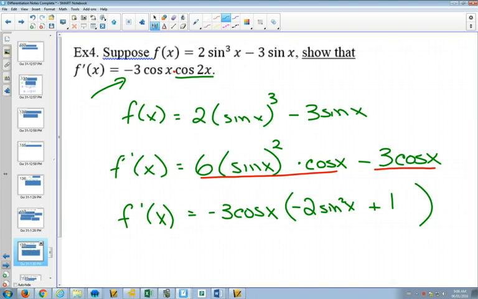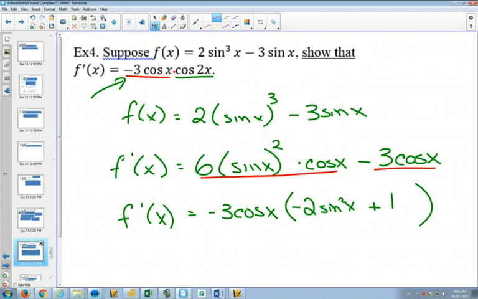So what prompted me to do this wasn't anything as a natural algebraic step from the previous one. I mean, you could factor it, but probably you wouldn't take out a minus 3 if you did that. But it prompted me to do that because I saw right here that we had minus 3 cos x in what we wanted as our final show that answer.